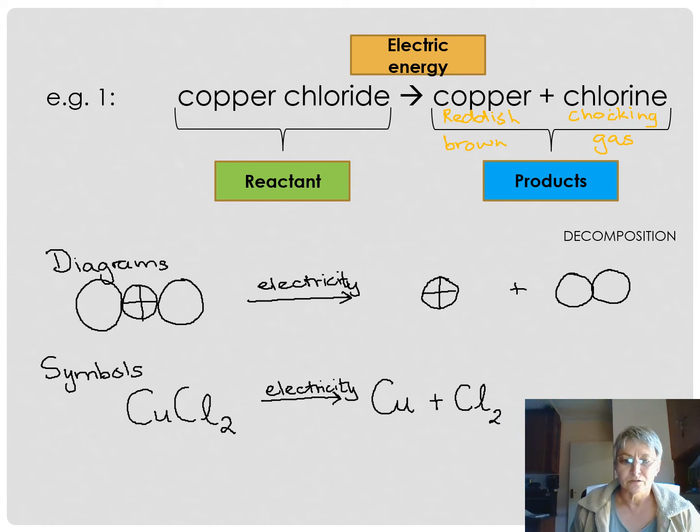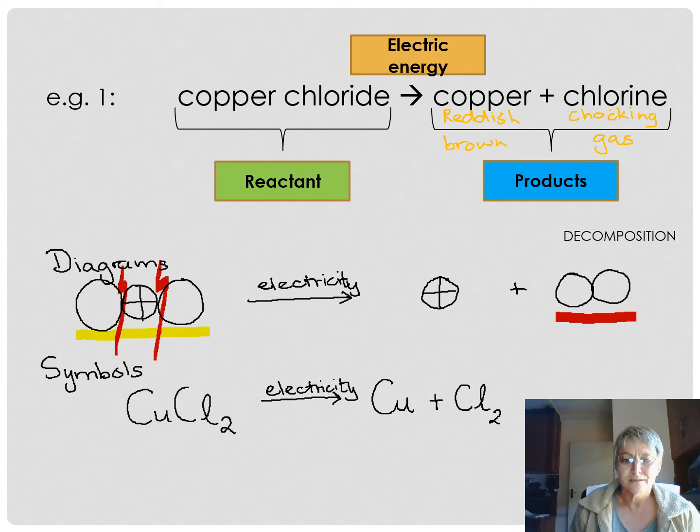Now take note that the two chlorines in the copper chloride, each one is joined to the copper. So these bonds, they must be broken for the two chlorine atoms to come together to make chlorine. And the copper will then be a pure element on its own.